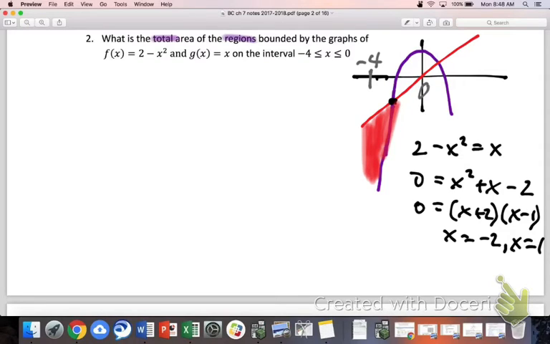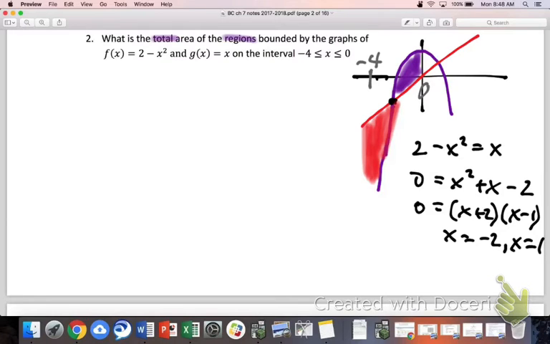But then from -2 to 0, the parabola would be the high function. And so that's where we get that idea of total area of all the regions, more than one potentially, between these two graphs on that interval. That make sense?